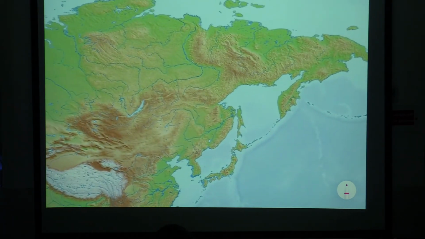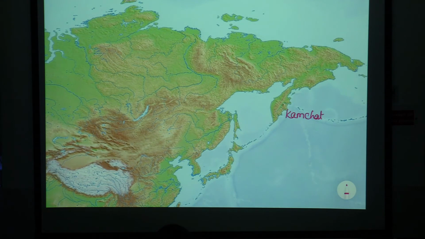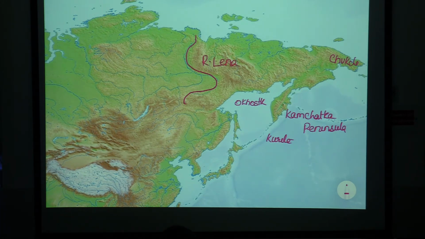So, beginning from the northern part, Kamchatka Peninsula, Okhotsk Sea, Kurile Island, Chukchi Peninsula, River Lena, River Amur.